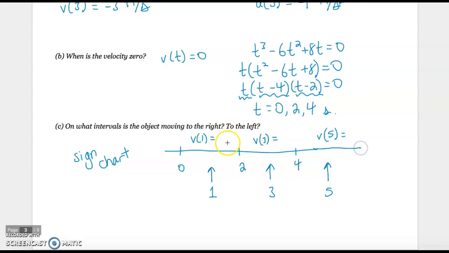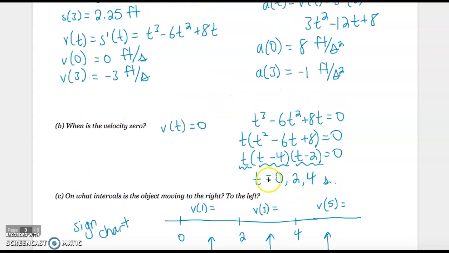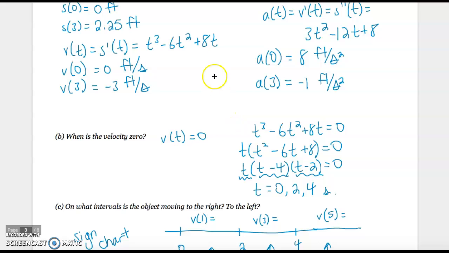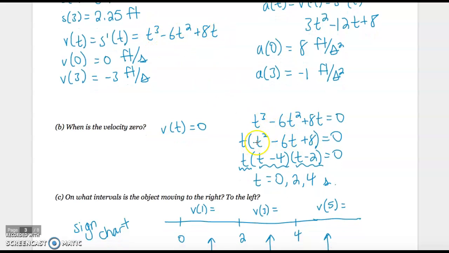And then that will tell me whether my object is moving to the left or to the right in each of these intervals. So v of 1 means if I just plug 1 into my velocity function, you can plug it into here, you can plug it into here, you can plug it into your factored form. But either way, I like to plug it into the factored form because it's easy to see whether things end up positive or negative. So this would be positive times a negative times a negative. So this would all end up being positive.